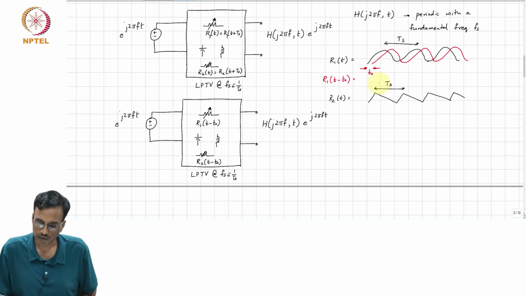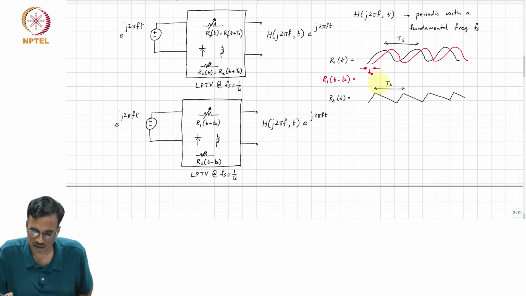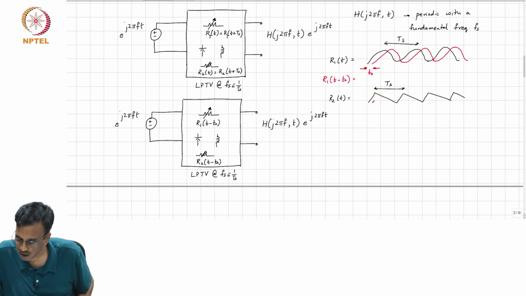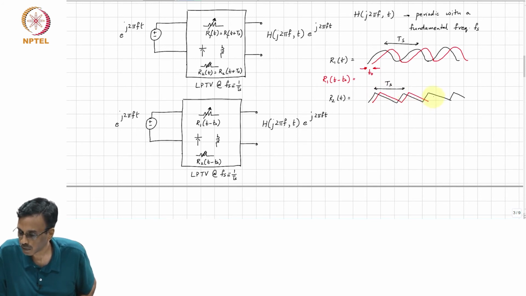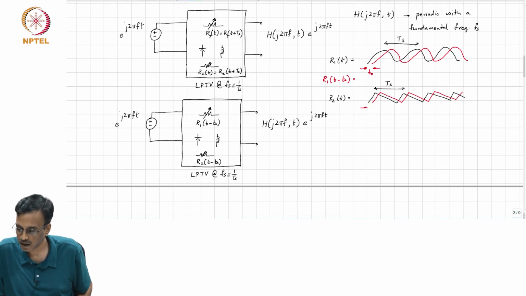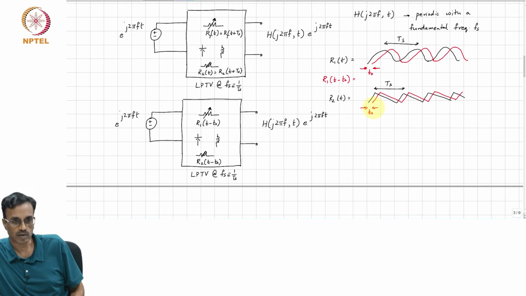So, in the first circuit R1 and R2 are like the ones shown in black. In the second circuit R2 is varied like this, and the delay is the same t naught that exists for R1 of t.